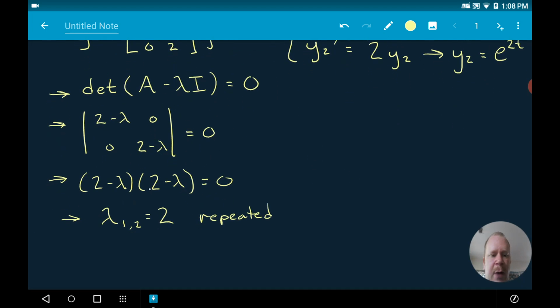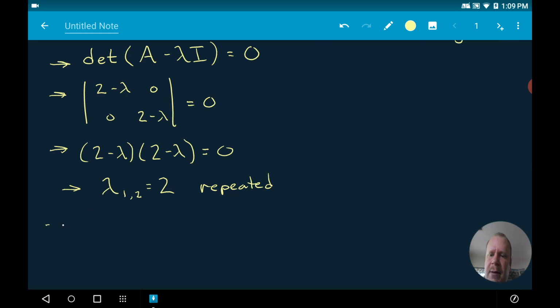I'll be using this vocabulary later on in this chapter and in the second example: we would say that this eigenvalue has a multiplicity of 2 because we have 2 instances of it here. Anyway, it's repeated.